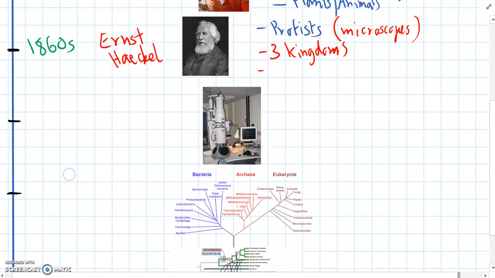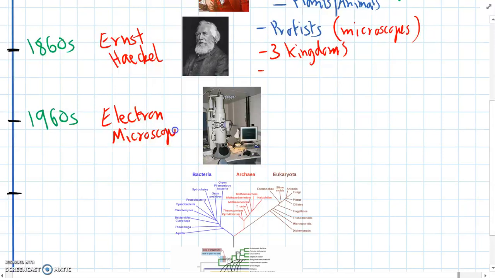Now, the next big breakthrough came in about the 1960s, another 100 years ahead, because we had developed electron microscopes. And these are much more powerful microscopes that can see even within a single cell of a living thing. And when we started looking at cells now with an electron microscope, we saw that some cells didn't have a nucleus.